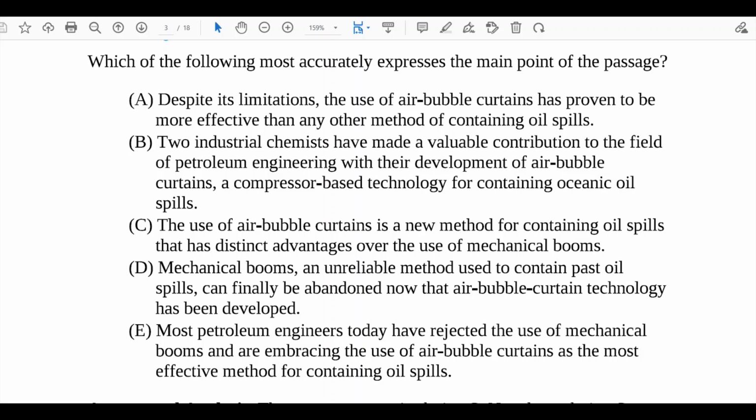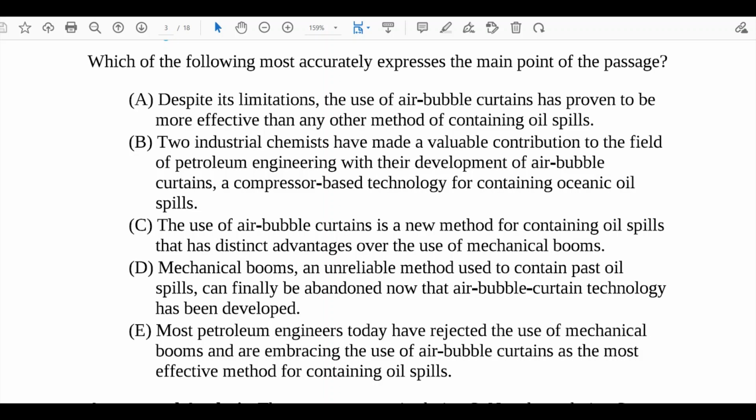Now, let's analyze choices A and E. A: Despite its limitations, the use of air bubble curtains has proven to be more effective than any other method of containing oil spills. And E: Most petroleum engineers today have rejected the use of mechanical booms and are embracing the use of air bubble curtains as the most effective method for containing oil spills.